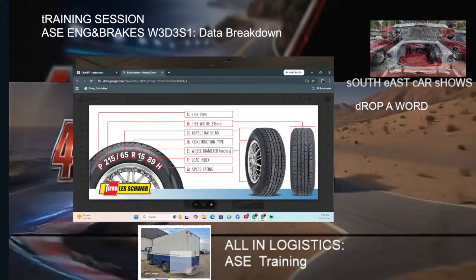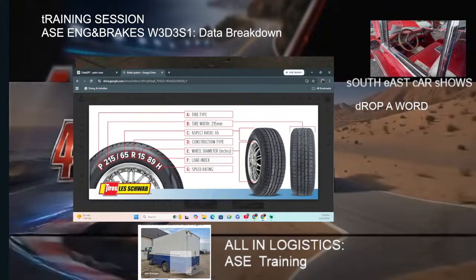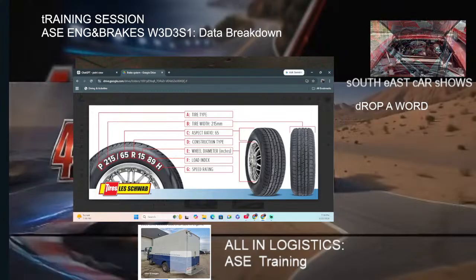If it says 19, they're 19s. And then the next one is the load index. The speed rating is essentially the fastest you can drive this vehicle with great confidence. So if you're going 95 miles per hour in it, it can work, but after a while it's not going to work as good as you think it can. And then we have the speed rating.